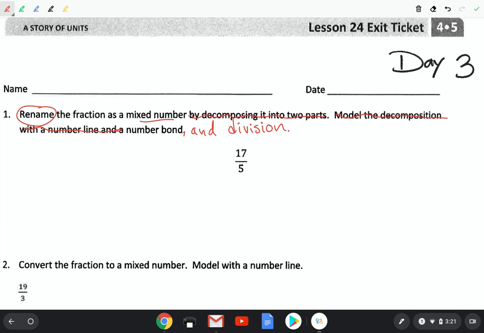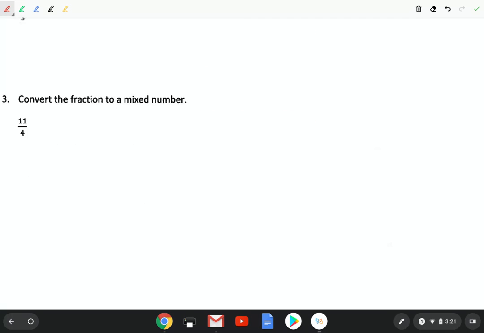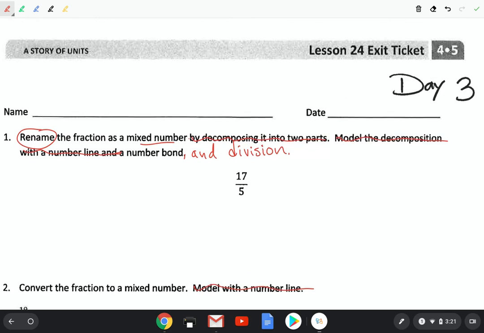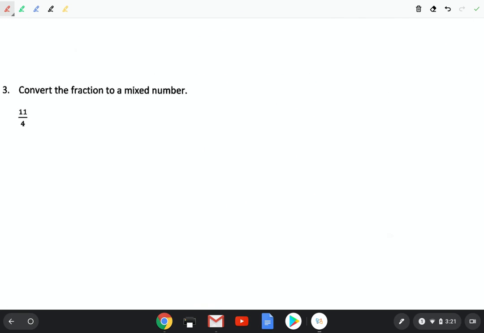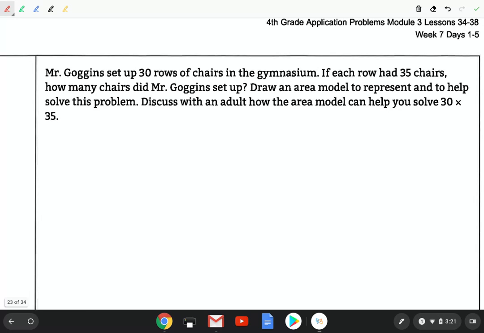All right, so that's the exit ticket. And again, it would be the same directions for the whole page: number bond and division.